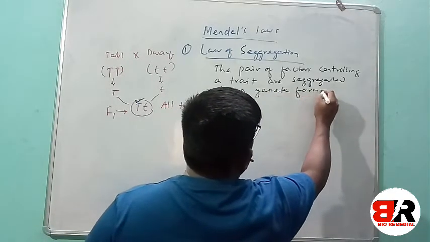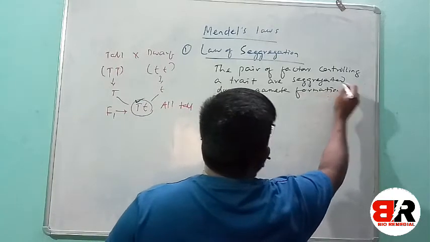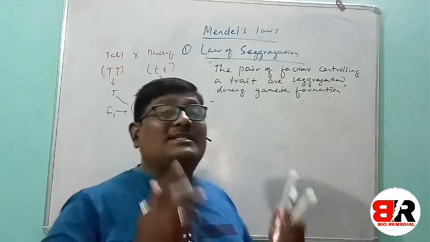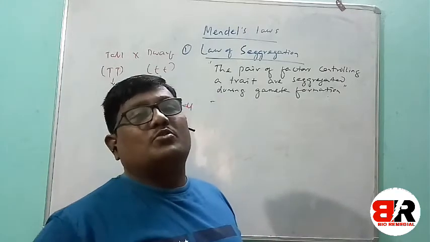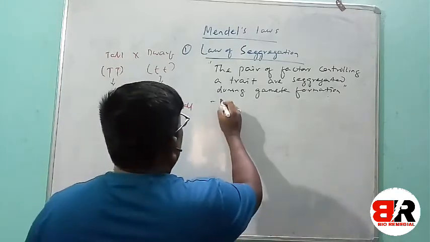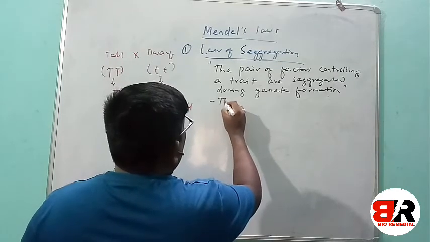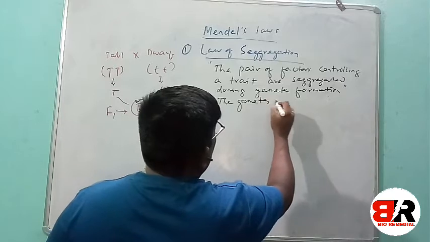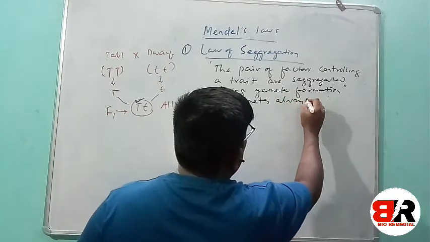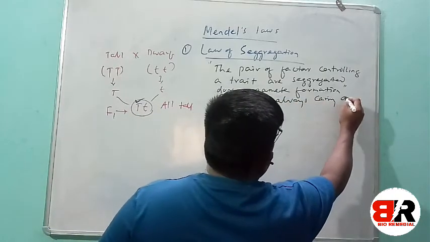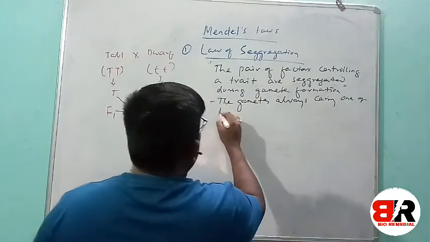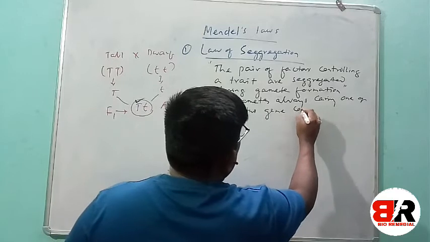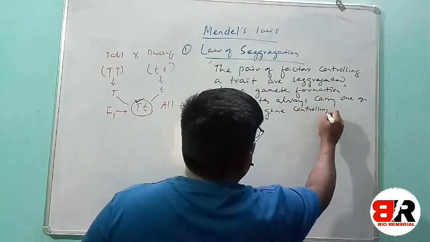This is all about the law of segregation. That means the gametes always carry one of the two genes controlling a trait.